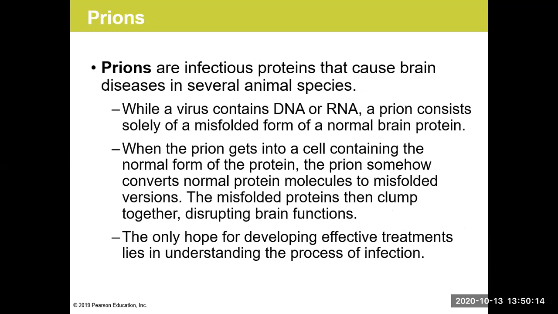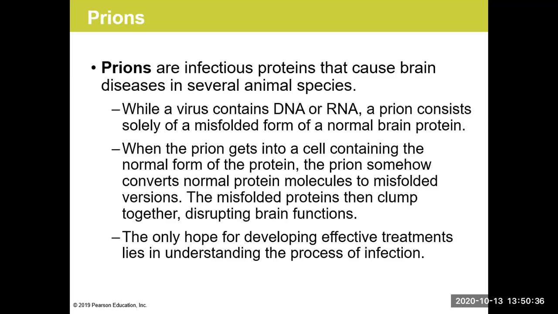Prions are misfolded proteins that behave as infectious disease-causing agents. They usually cause a lot of brain diseases in animal species, not only just humans, other animals as well. So while a virus contains DNA or RNA, a prion consists exclusively of a misfolded form of a normal brain protein.